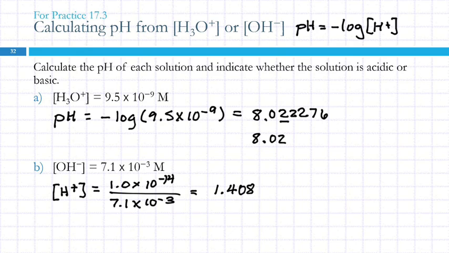What I'm doing here with the sig figs is that these numbers have 2, and so this would have 2. This isn't a log yet. I'm going to write down 2 extras because that will avoid rounding errors. So first I found the hydrogen ion concentration. And now I can find the pH.